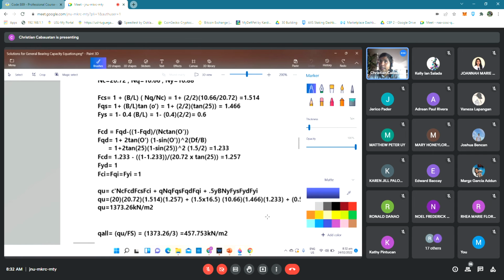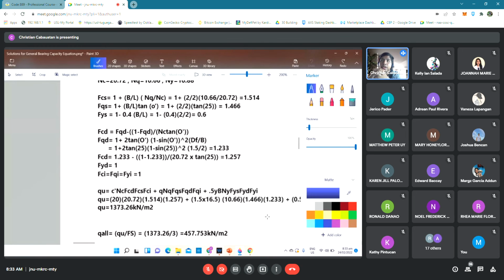Hindi pa kasi, take note, the unit for that Q allowable is kilonewton per meter square, and we are just to find the allowable load.